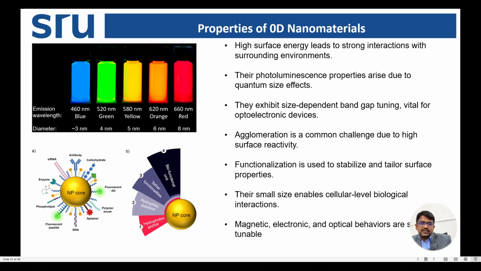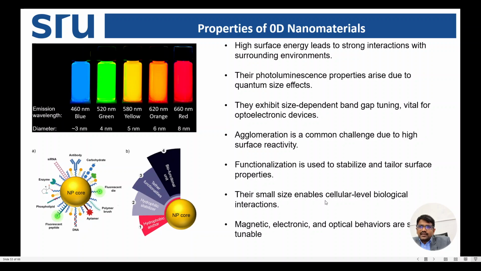Because of this functionalization, we can provide more stable nanomaterials. There are a lot of advantages, which we will discuss in later lectures. Functionalization is very useful to stabilize nanomaterial and to tune the surface energy.